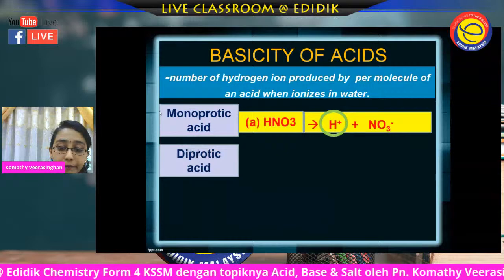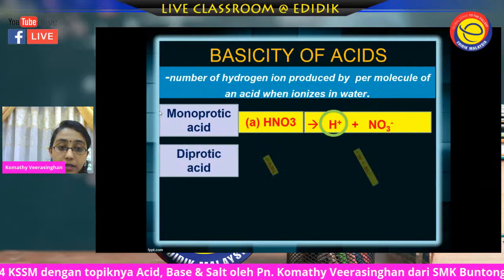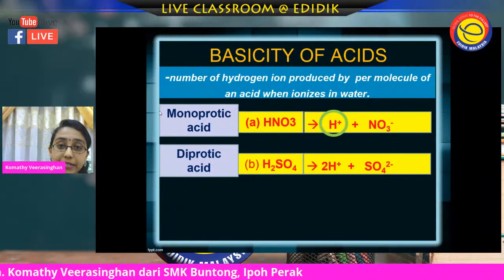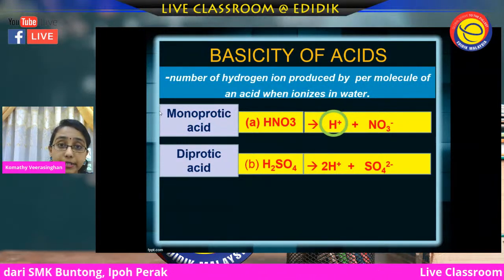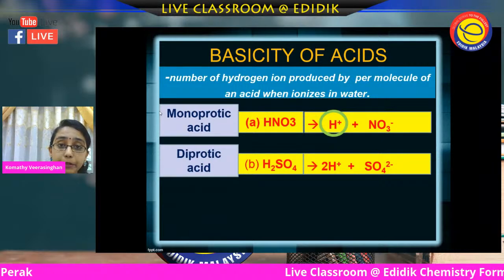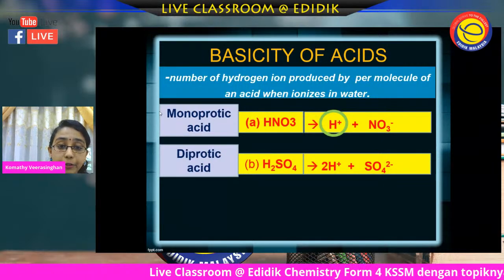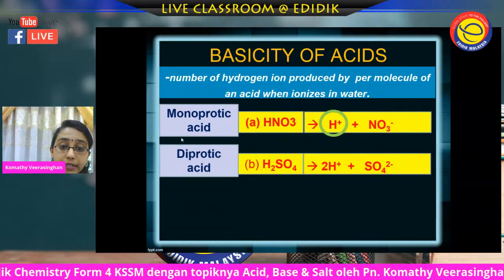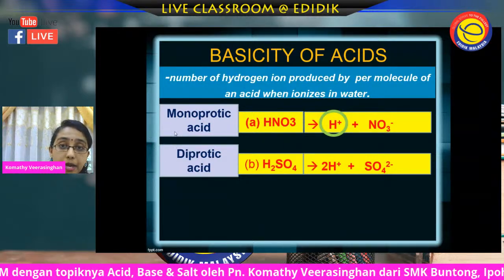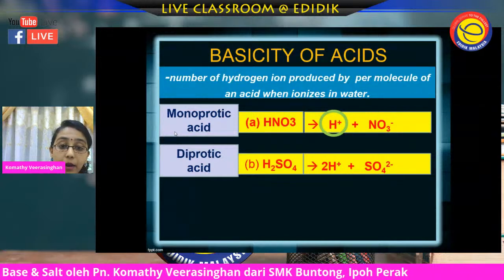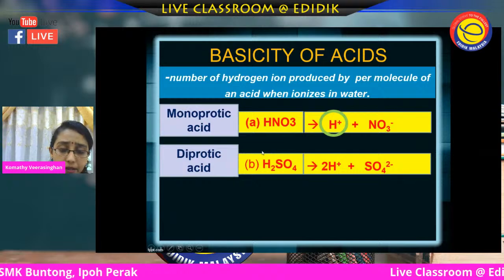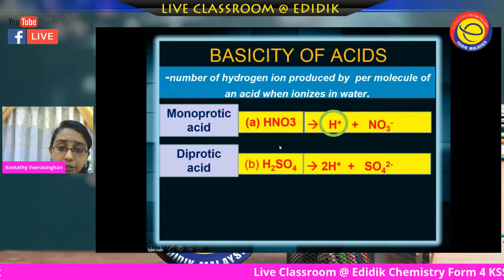Okay, secondly, diprotic acid. The second group of the basicity of acid is diprotic acid. Now, what's the meaning of diprotic acid? The example I've shown you is sulfuric acid. The formula of sulfuric acid is H2SO4. Now, in one molecule of sulfuric acid, how many hydrogen atoms are there? 2, right?